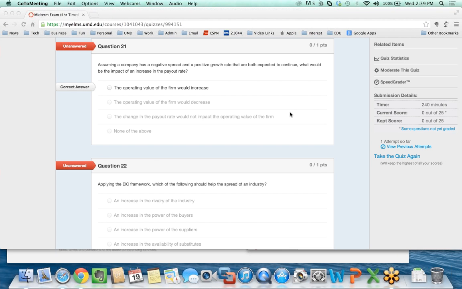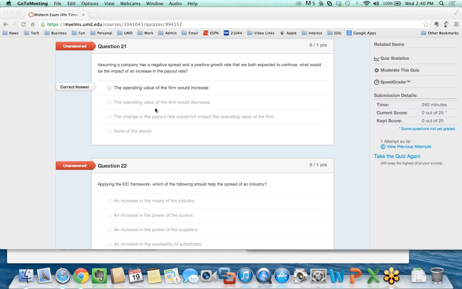So if we decrease the investment rate, then growth is ROIC times investment rate. If we had less investment times the same ROIC, we would grow at a lower rate. So what would end up happening in this case, assuming we still had a positive growth rate that is expected to continue, is that we would actually get less investment going into the firm at a negative spread, and that would increase relatively the value of the firm.